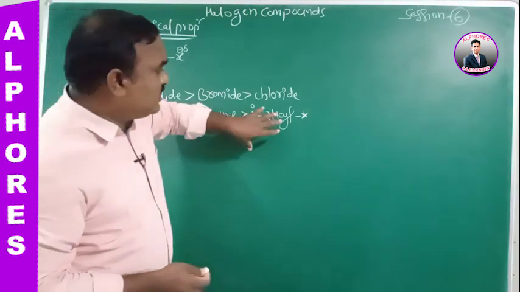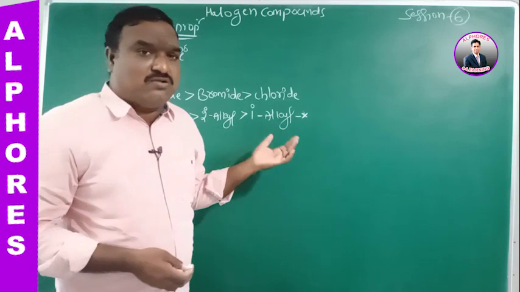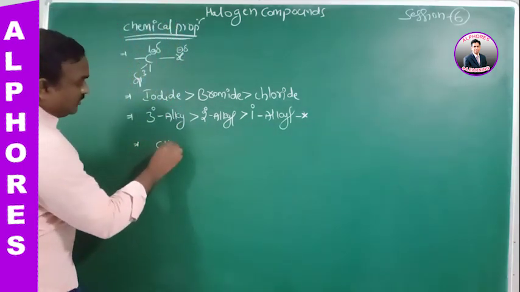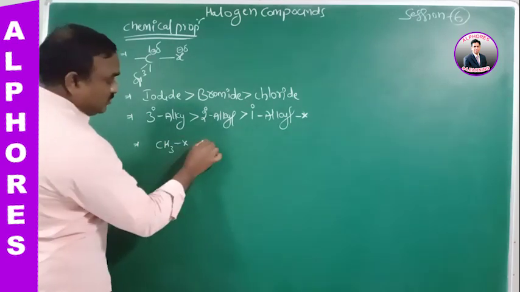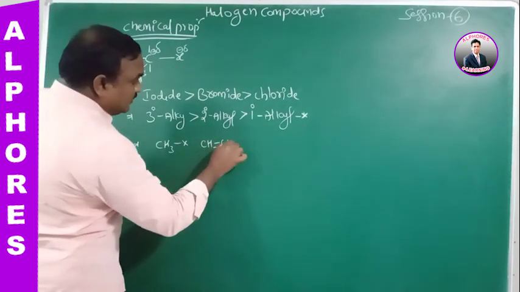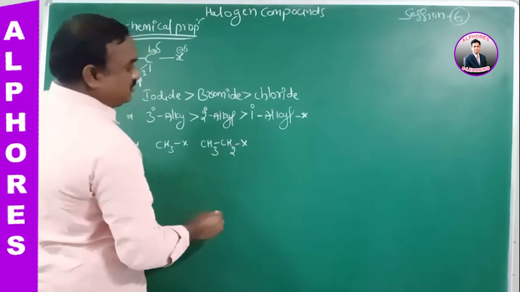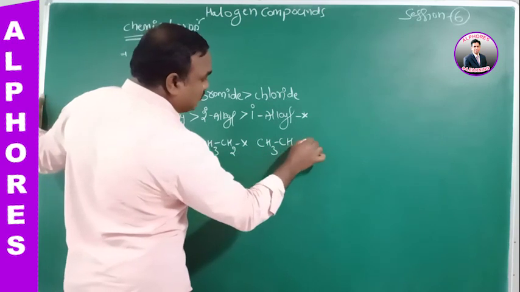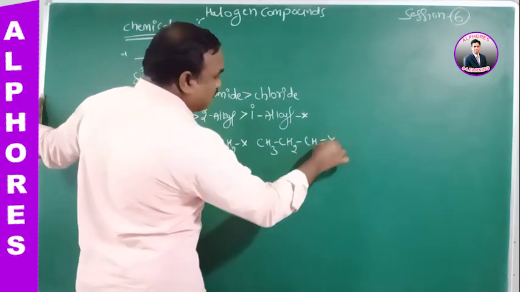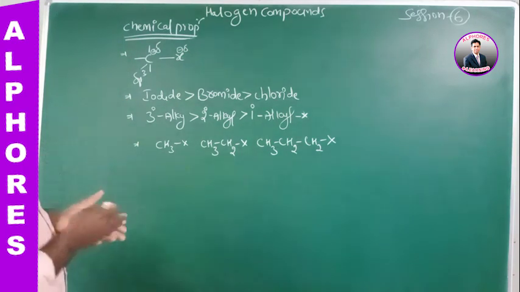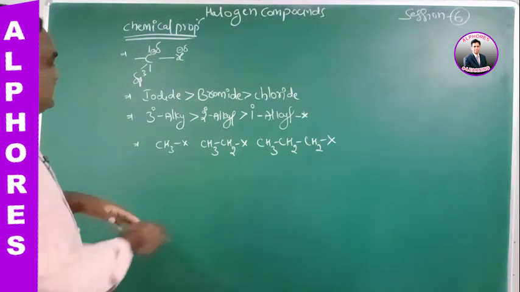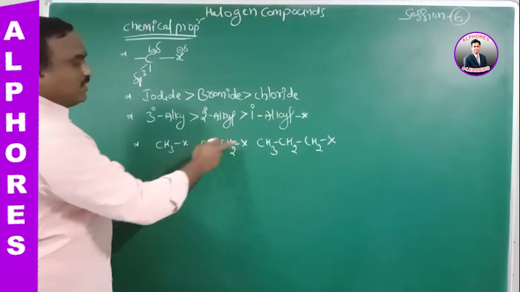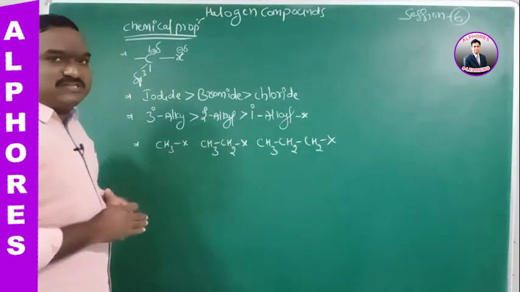How can you explain the reactivity of primary halogen compounds? For example, methyl X, ethyl X, propyl X, such as propyl chloride, propyl bromide, propyl iodide, with the same halogens. With the same halogen, as the number of carbons increases, reactivity decreases.